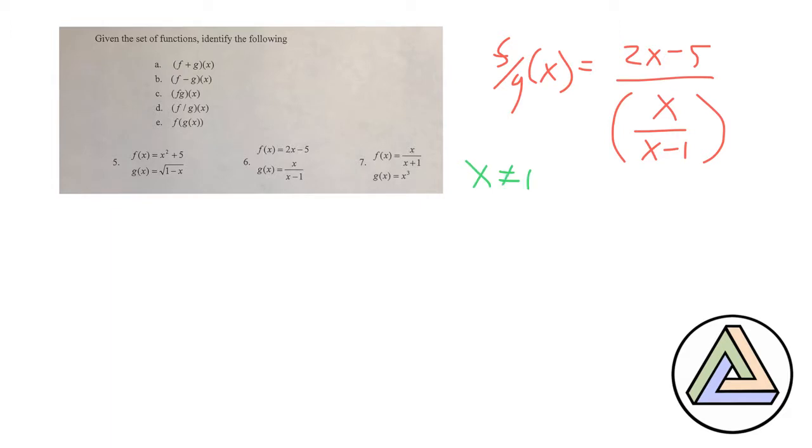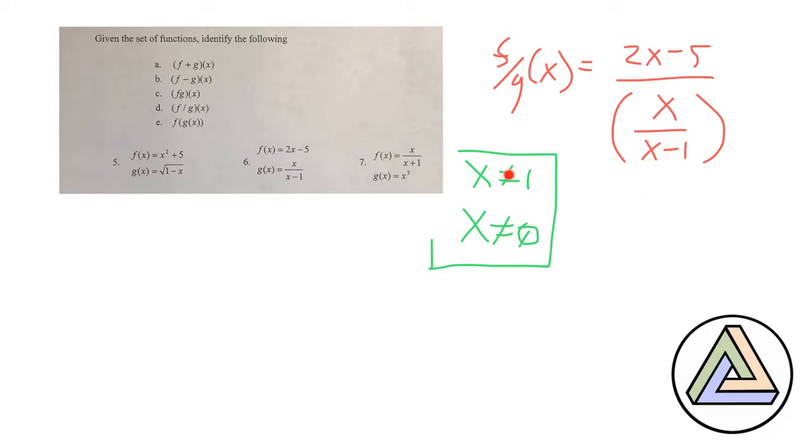Secondly, this x can't be 0, because if this was 0, then the whole denominator would be 0. So we also know that x cannot equal 0. So these are two pieces of information that I would make a mental note about, all right, when I proceed from here.